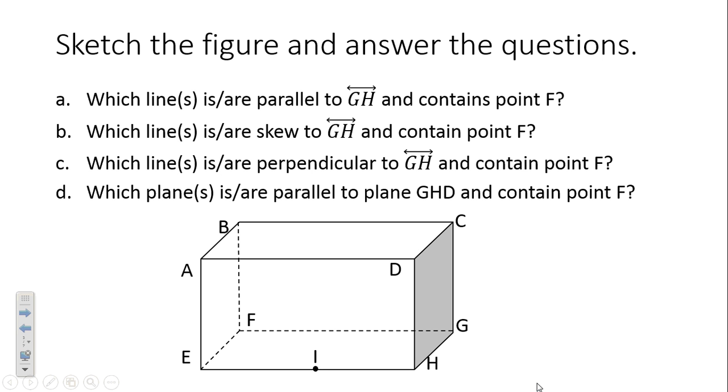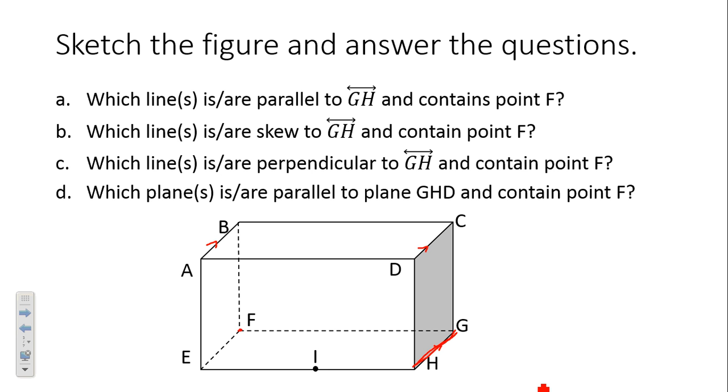All right, so Joe, which line is parallel to GH that goes through point F? DC is parallel to GH. AB is parallel to GH.